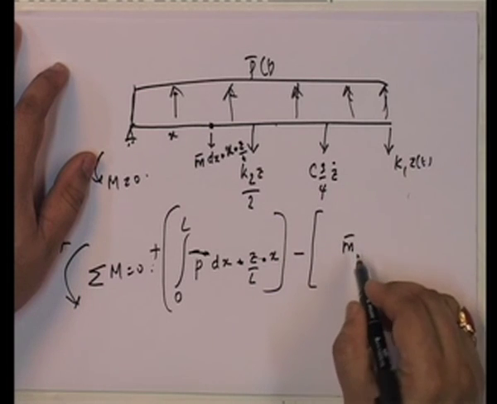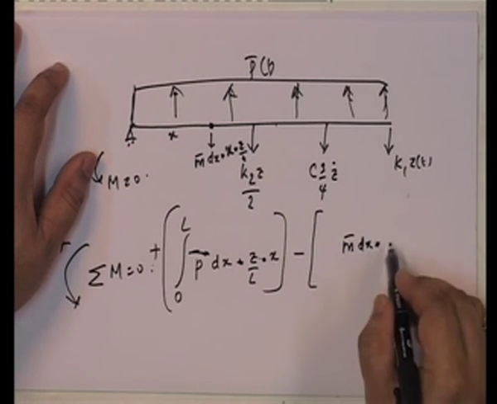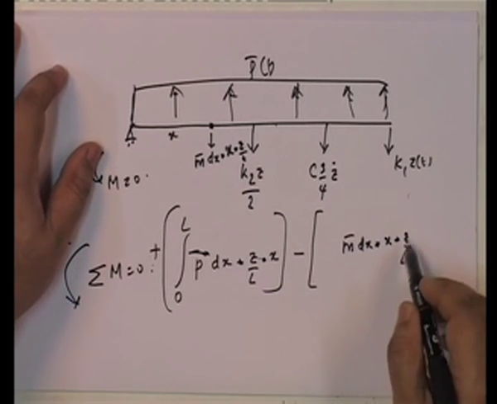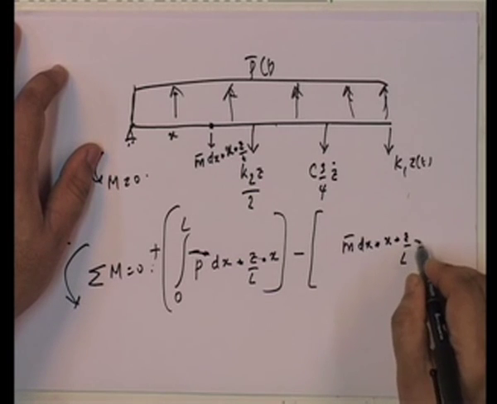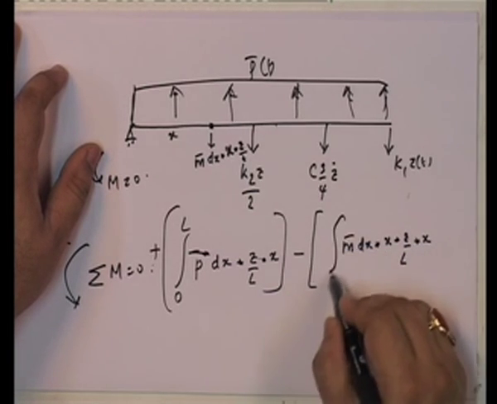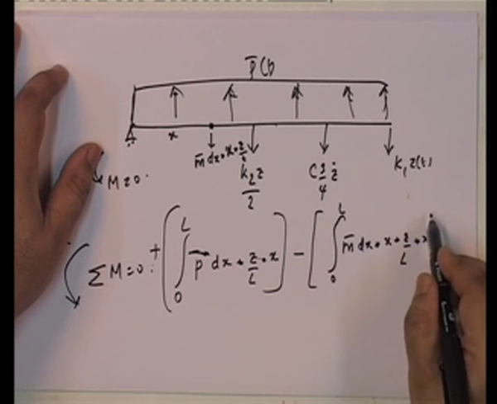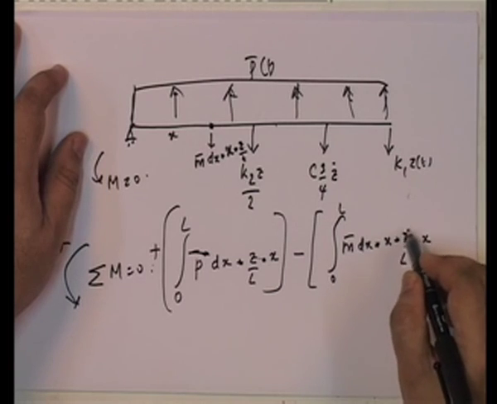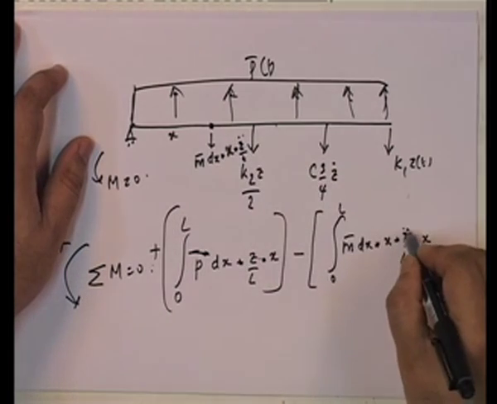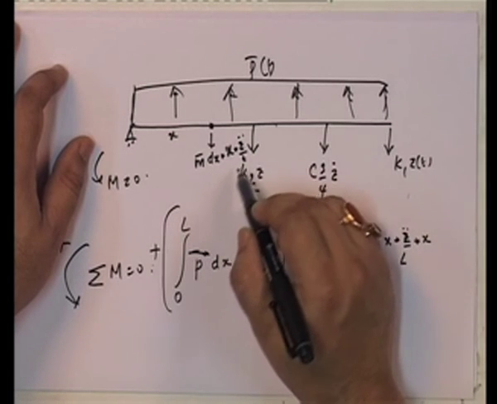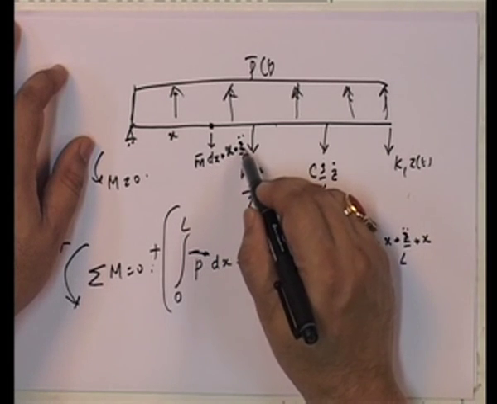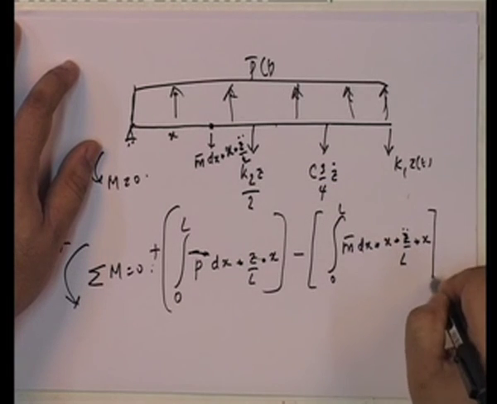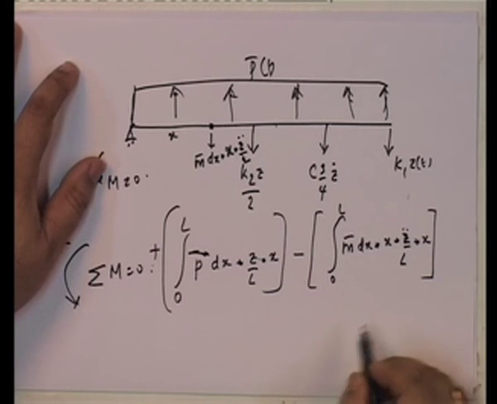I have m bar dx into x into z by L. That is the load, and that into x, and then integrated from 0 to L. By the way, this was z double dot, because this is the inertial acceleration. x into z double dot upon L is my inertial acceleration. So, this is this.